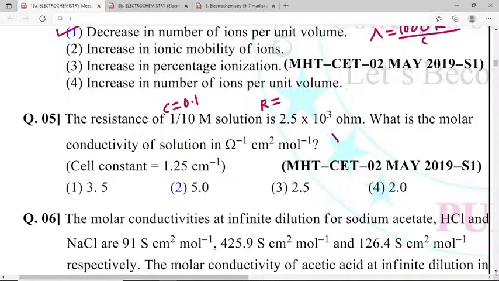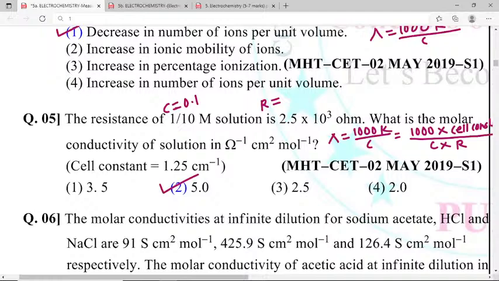So molar conductivity is equal to 1000 K divided by C, but K is the conductivity, which is cell constant divided by R, where R stands for resistance. So molar conductivity is 1000 times cell constant divided by C multiplied by R. We will put the values and get the answer 5.0.